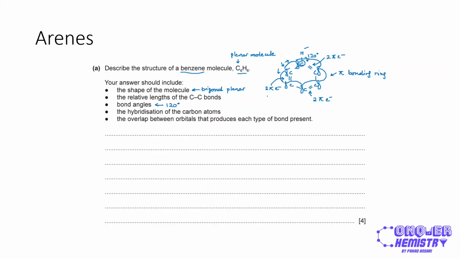Now because the p orbitals are overlapping side-on in both directions and forming a pi bonding ring, these 6 pi electrons get to move around throughout the 6 carbon atom ring. So we call this a delocalized pi bonding ring, delocalized because the pi electrons are free to move.